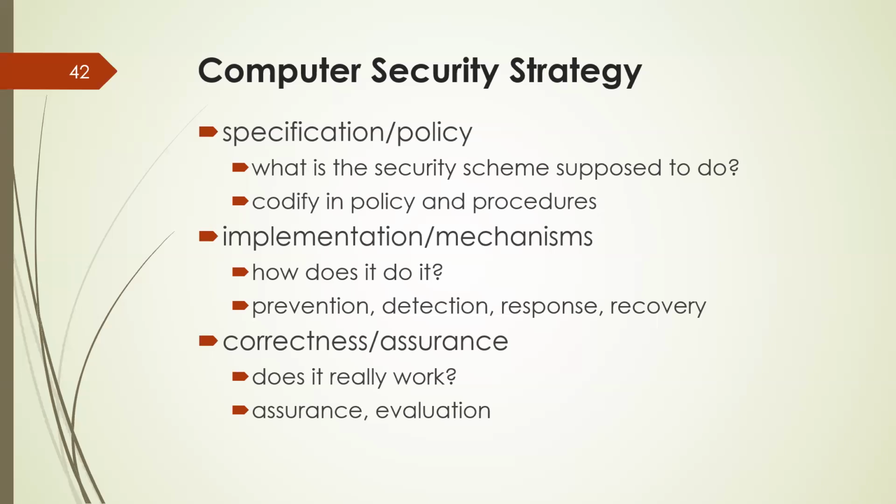Correctness or assurance. Does it really work? Can you assure someone that if you put in this intrusion detector or firewall, you will prevent different attacks? That is what assurance or correctness wants to confirm.